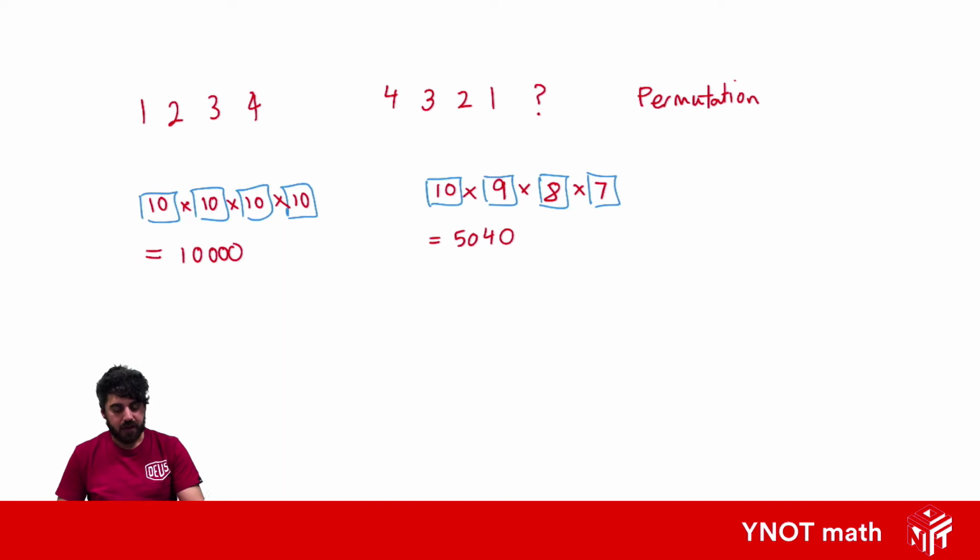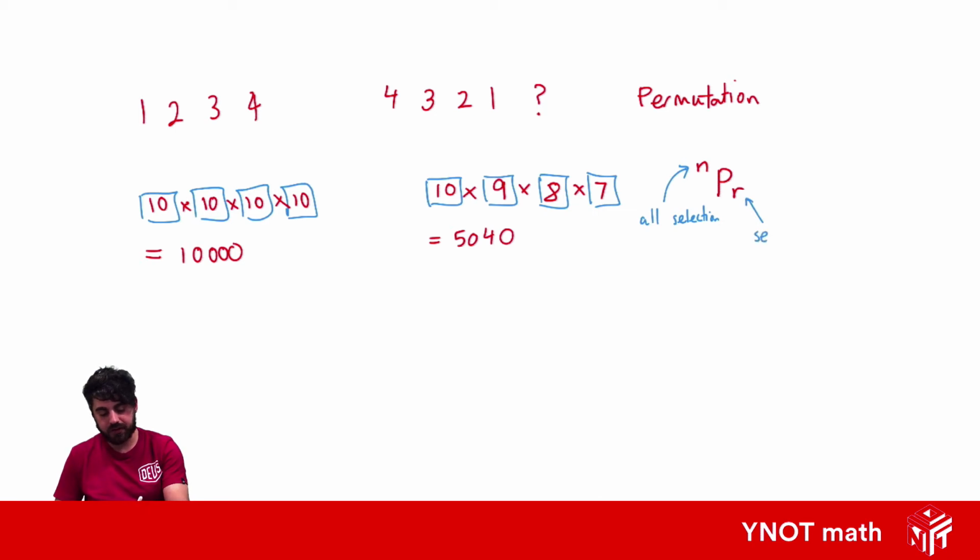Now, when we look at permutations, there's a special notation we can use, and it has the form of nPr, where n is all your possible selections, and r are the things you're selecting.